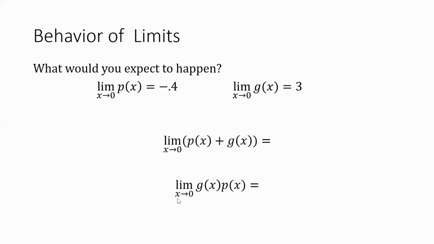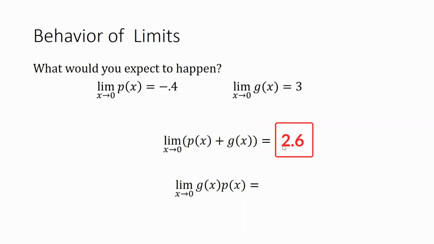Now, hopefully your intuition says that the limit as x goes to 0 of the sum of the two functions will probably be the sum of the two limits. By the way, if you add those two things up, you're going to get 2.6.